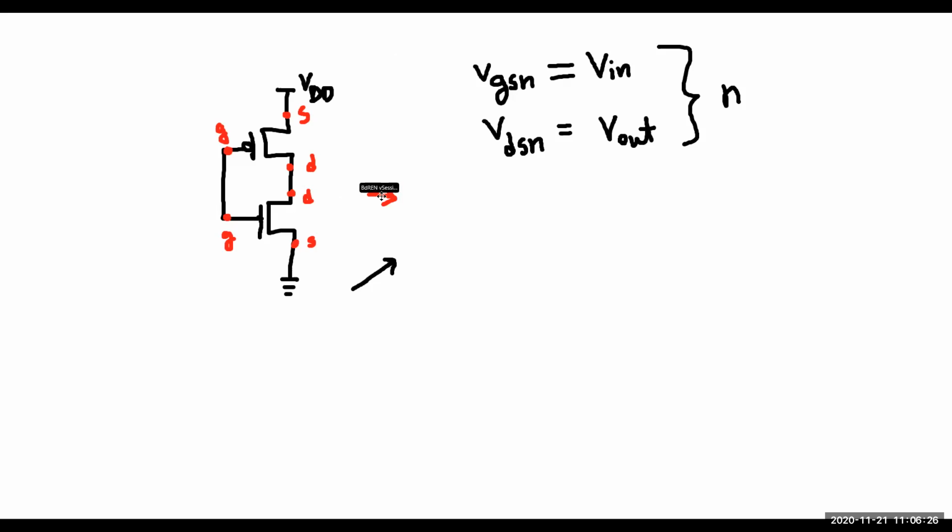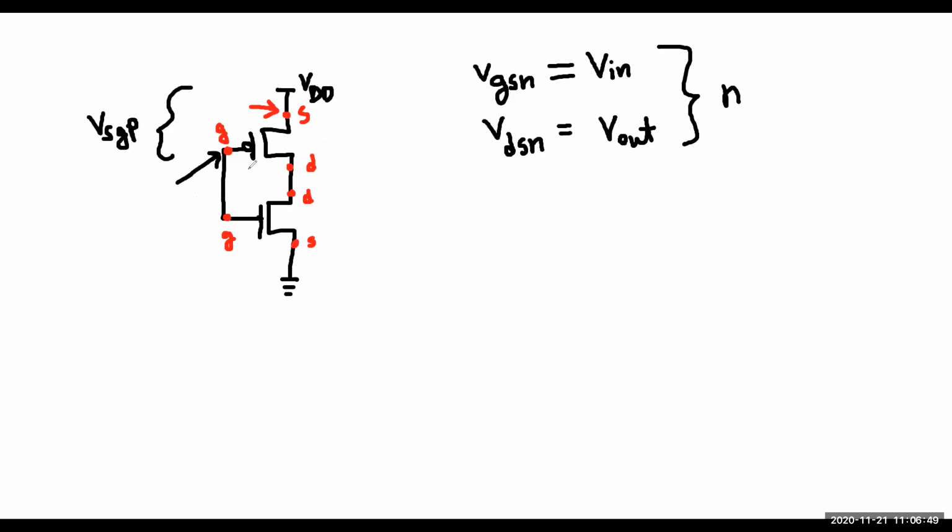Now if I want to measure a voltage between this point and this point, what am I measuring? I am measuring VSG, not GS. VSGP, for PMOS.